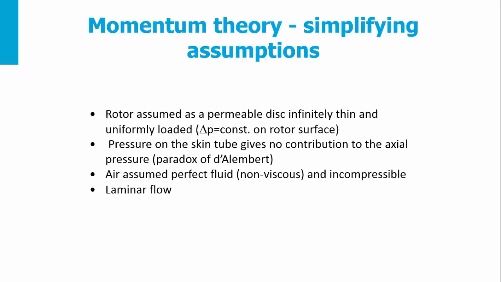This paradox says that an incompressible flow produces no drag on an object surrounded by such a fluid, yet it does produce lift. The air is assumed a perfect fluid, non-viscous and incompressible, and we assume laminar flow.